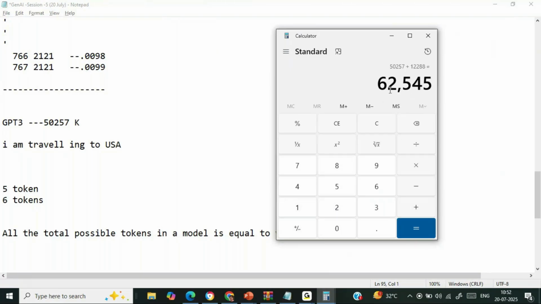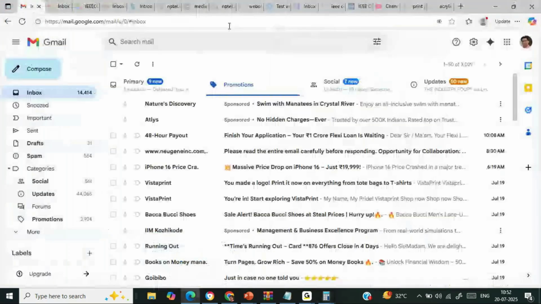Okay, so 62, plus, that is not plus, 50 cross 12288. Okay, this is close to 60 million.